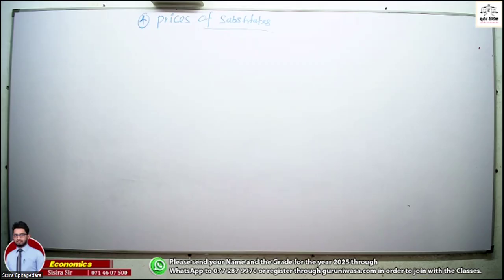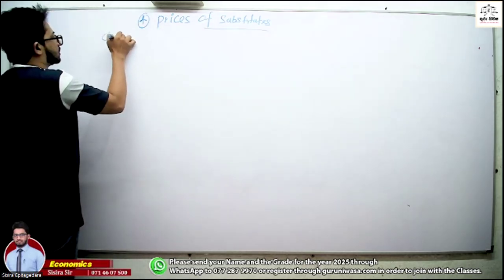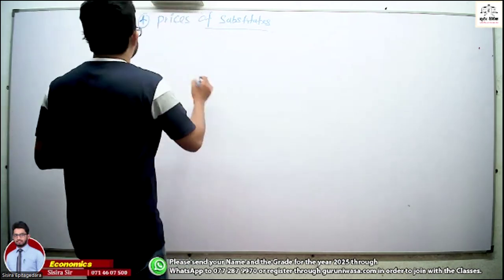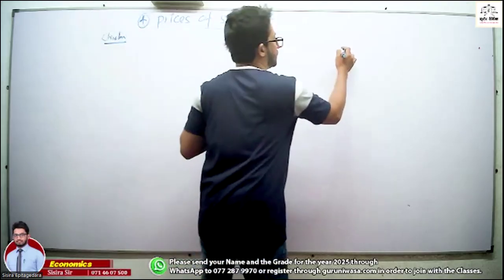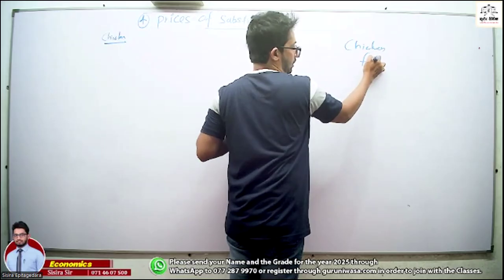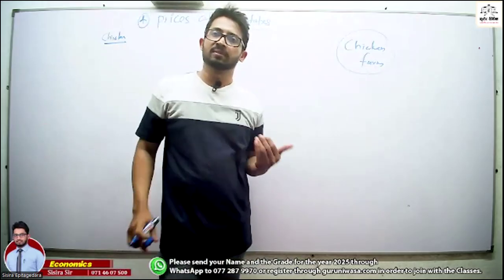Is that clear? So how do prices of substitute goods affect demand of a product? Assume you have a chicken farm. Your product is chicken.